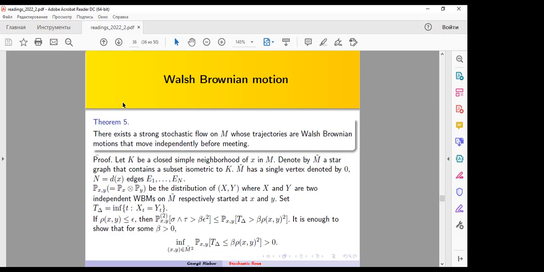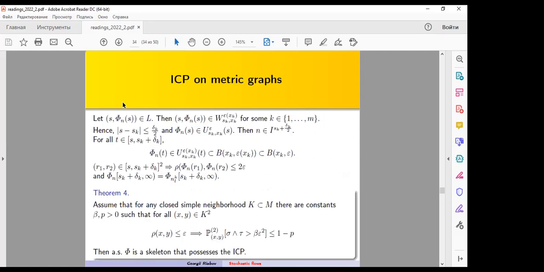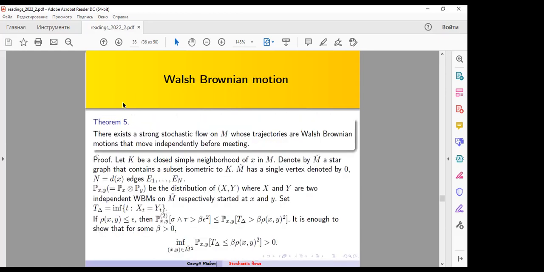We need to check this inequality for any simple neighborhood. It means that it is enough to consider a situation when we have only one vertex and some adjacent edges. Since we will look at the probability that two independent Walsh-Brownian motions will not leave this set and not coalesce, it is enough.